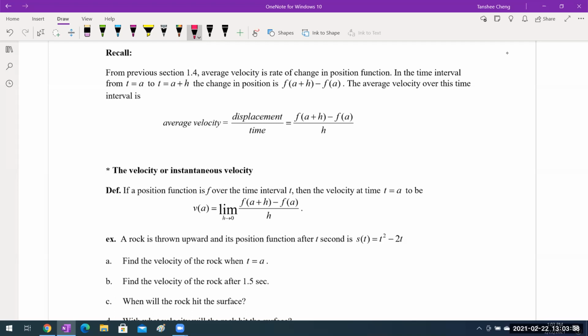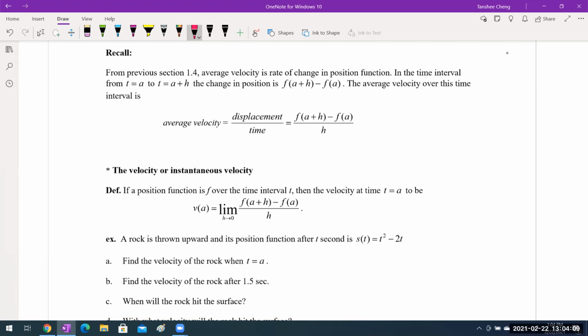In section 1.4 we particularly looked at a position function and the rate of change of the position function, which is velocity. So we can also find the instantaneous rate of change of position, which is instantaneous velocity, with the same formula as we did in finding the slope of the tangent line.